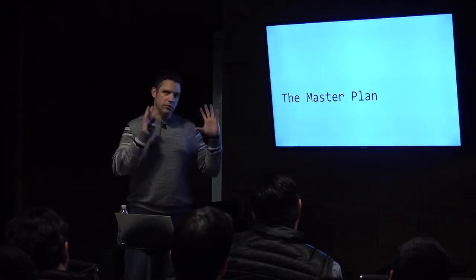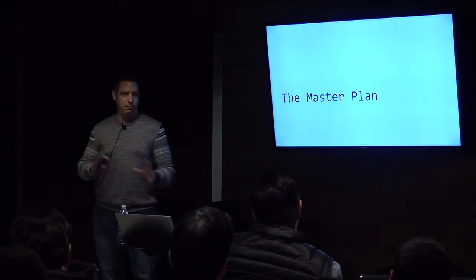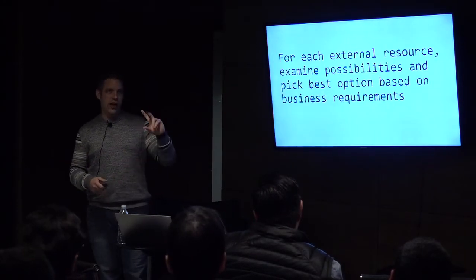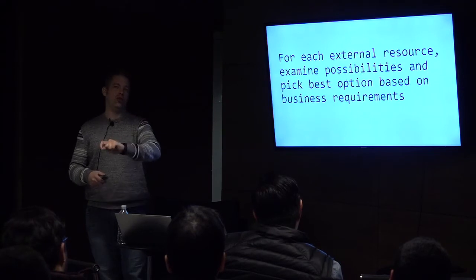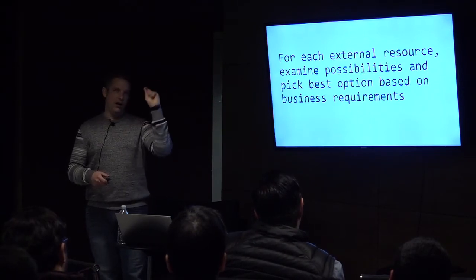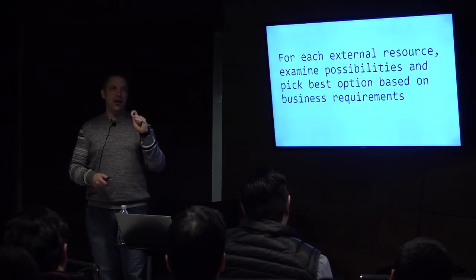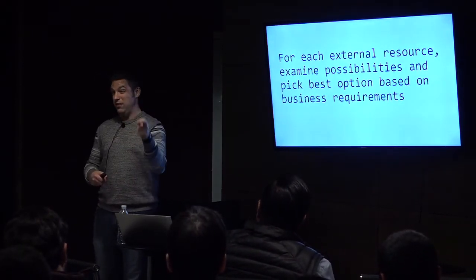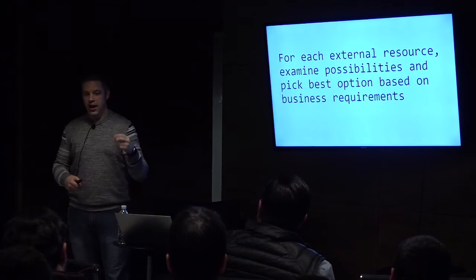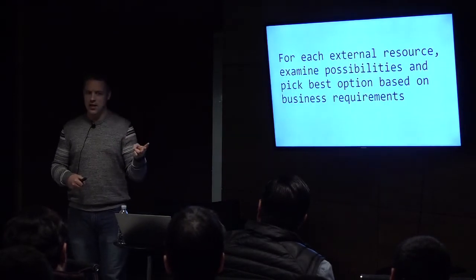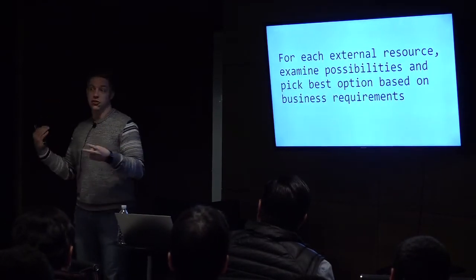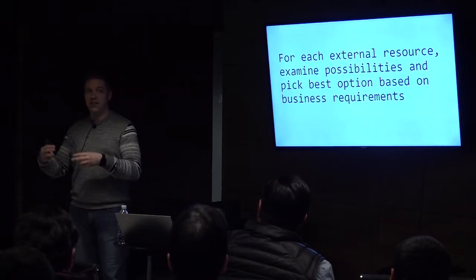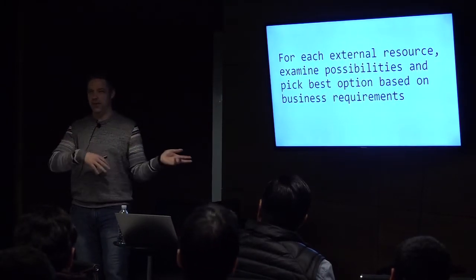So, given those 4 options, the master plan was to look at each of those external calls we made and evaluate each of those options and say, okay, does that resource even support this way of dealing with failures? And 2, what does it actually mean to do that to the end user, to the customer? If I did an undo, how would that actually affect the customer?